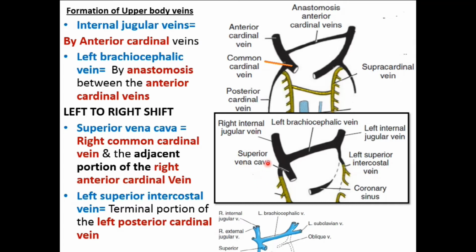Now when we are saying that the superior vena cava is formed from the common cardinal of the right hand side, what happens to the left hand side? The left hand side blood is shifted on the right hand side, so on the left hand side the common cardinal is no longer functional and it is obliterated.